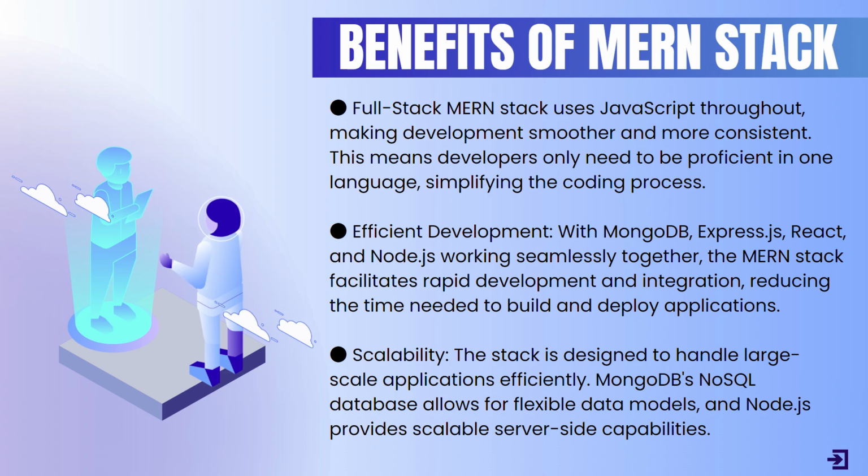Efficient development: with MongoDB, Express.js, React, and Node.js working seamlessly together, the MERN stack facilitates rapid development and integration, reducing the time needed to build and deploy applications. Scalability: the stack is designed to handle large-scale applications efficiently. MongoDB's NoSQL database allows for flexible data models, and Node.js provides scalable server-side capabilities.